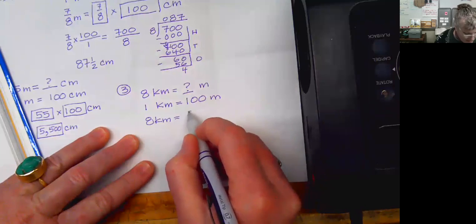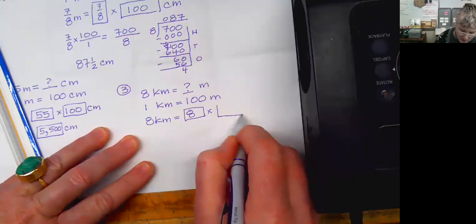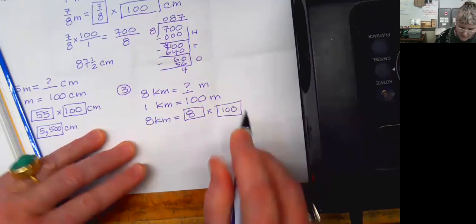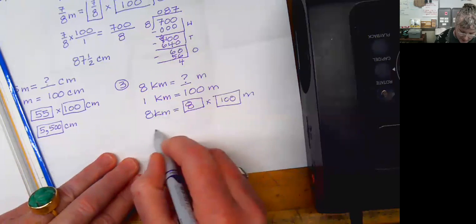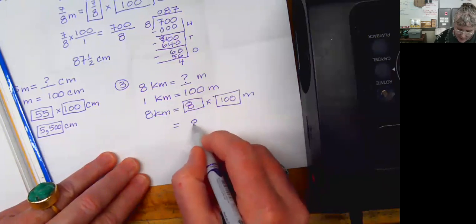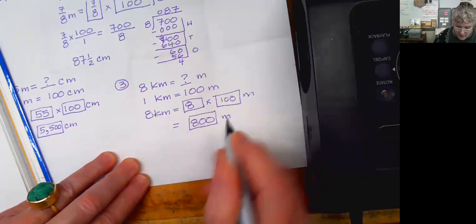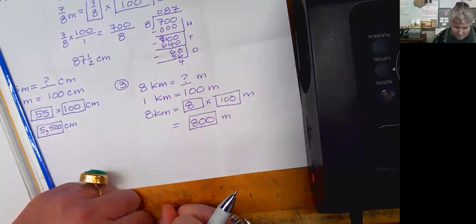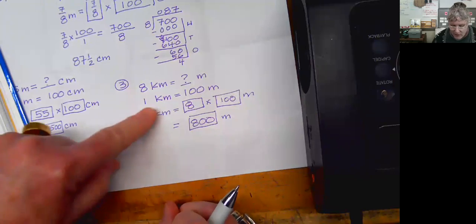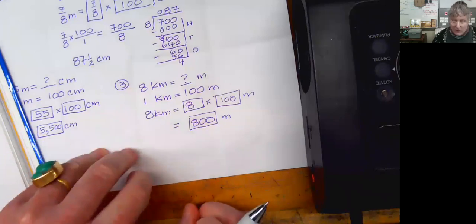That equals 8 times 100. And that's going to equal 800 meters. So 8 kilometers equals 800 meters. So we always want to list the conversion rate underneath, and that helps us show us how to solve the problem. Let's do number 4.